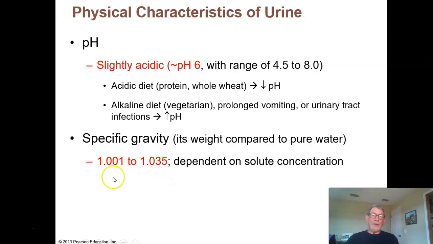I'll do kind of a demonstration lab on that, but 1.01 to 1.025 is a more normal range. It can be this extreme without kidney disease. If you're really hydrated or really dehydrated, you can reach these without it being kidney disease. But normal ranges are like 1.01 to 1.025. That's a little bit more realistic.